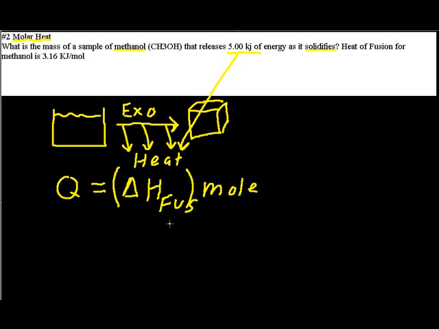Okay. Now, we know what the Q value is. The Q value is 5.0 kilojoules. We know what the delta H of fusion is because we looked up on the chart.